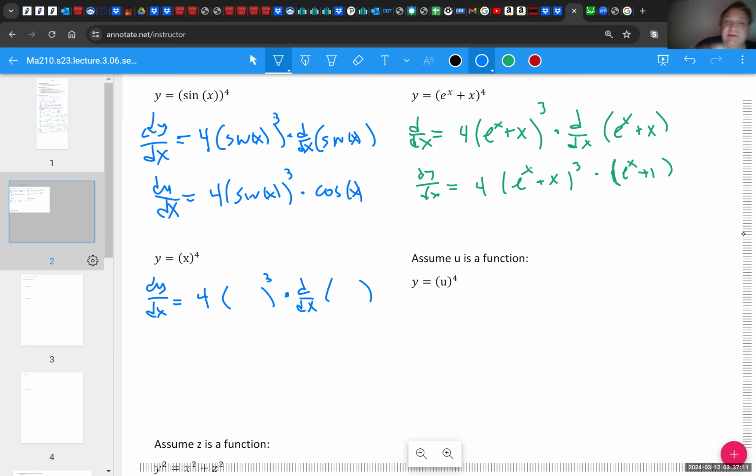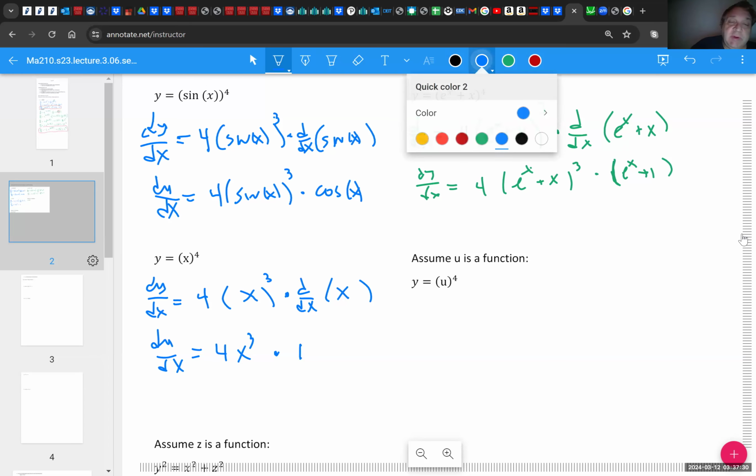And the thing in this case is just x. And so I'll put that there. All right, so what does that make my dy/dx? Well, I get my 4x cubed times the derivative of x. Well, the derivative of x is 1. And so we get 4x cubed times 1, which, as you know, is 4x cubed.